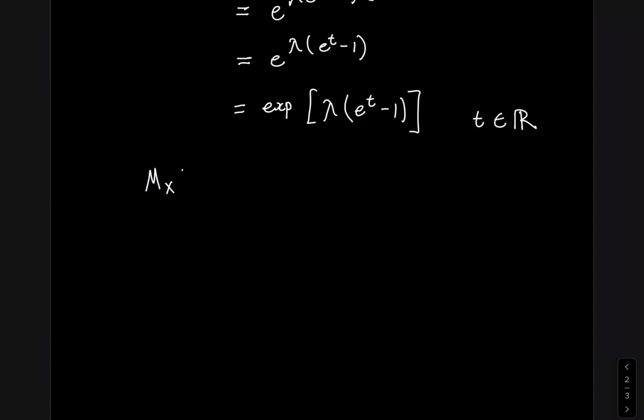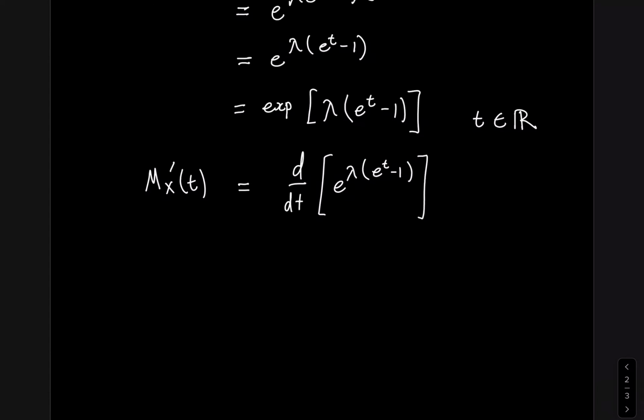So M_X'(t) is equal to d/dt of e to the lambda (e^t minus 1). So how does this work? Well, in this particular instance, we have an expression for t up in the power.